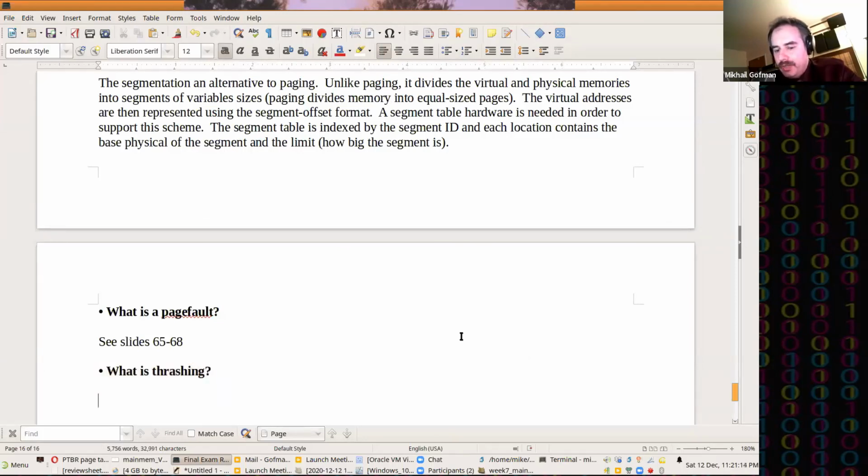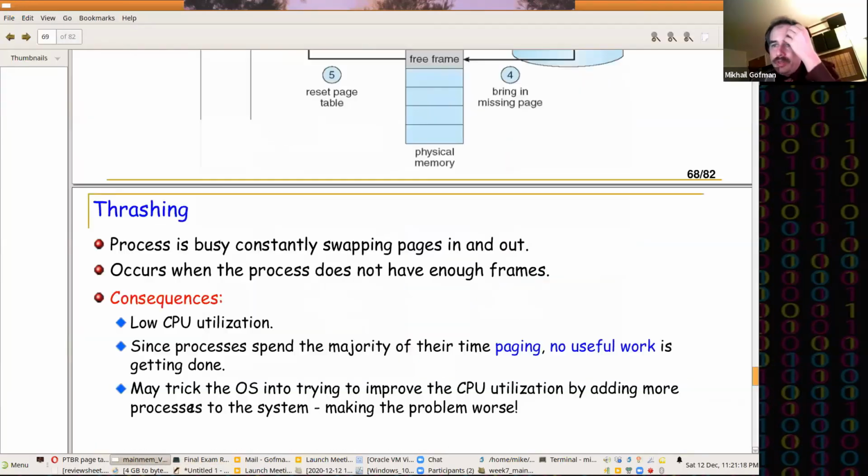So what exactly is thrashing? Thrashing happens when the process is constantly paging in and paging out. Imagine that the process doesn't have enough physical frames. In fact, most of the physical memory is full.